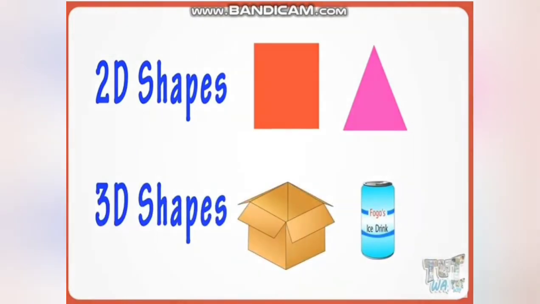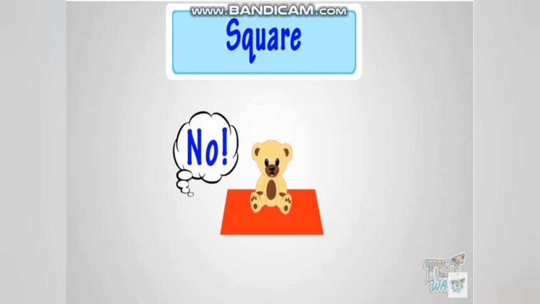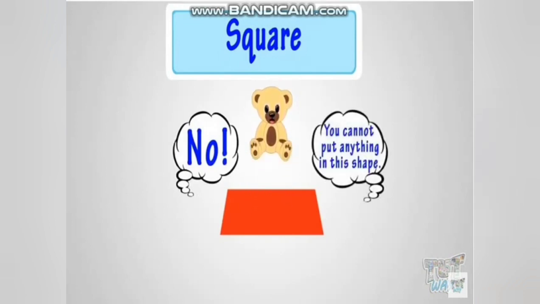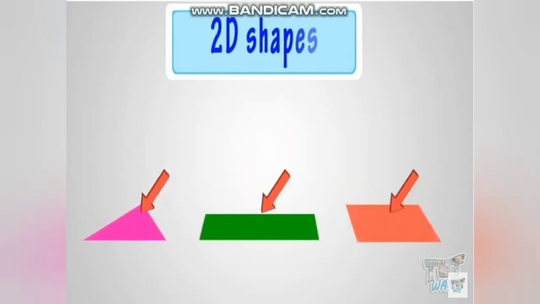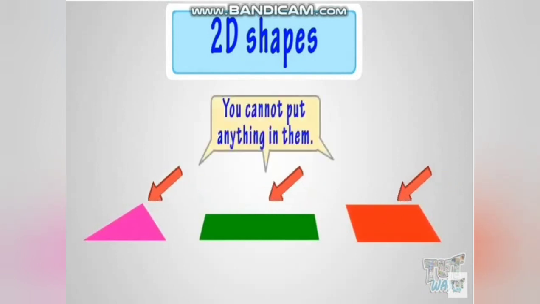Let's start. Kids, can you put anything in this shape? Think. No, you cannot put anything in this shape. So, such shapes where you cannot put anything in them are 2D shapes.